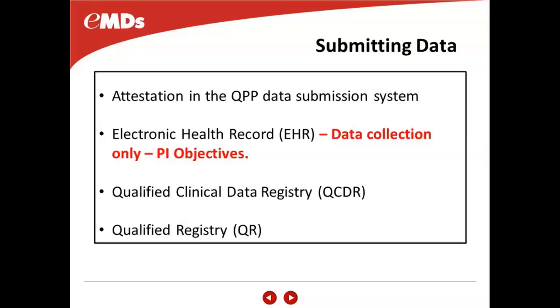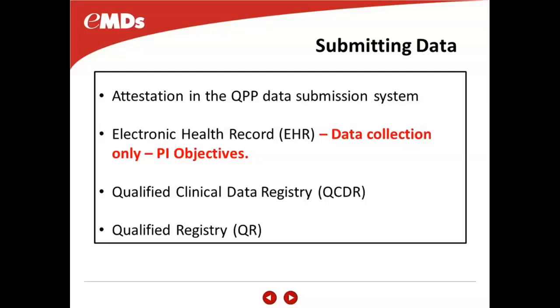So if you are going to say, I'm only going to report the minimum so that I don't get dinged later on, and that is going to be in the form of improvement activity information, then you could use that data submission system to go through the QPP website. But if you've got clinical data that you're going to report through the CQM, at this point it has to be going through a qualified registry of some sort.